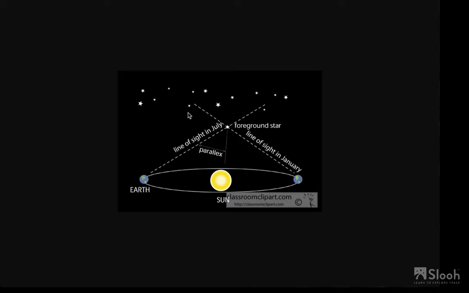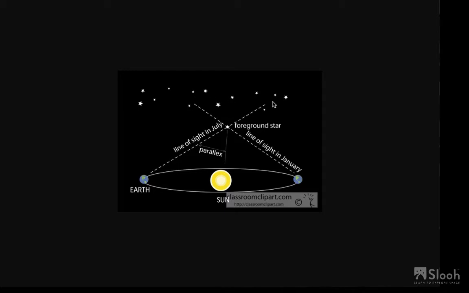If you imagine this big orbit that Earth is sweeping out, and then you draw these lines of sight up through the foreground star, you can see that there would be another little tiny elliptical orbit that the foreground star appears to make, even though it's not actually making that elliptical orbit.